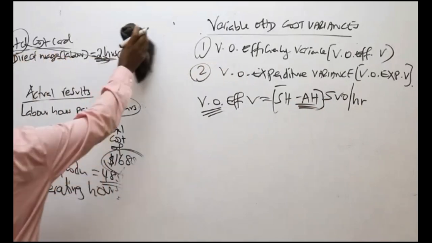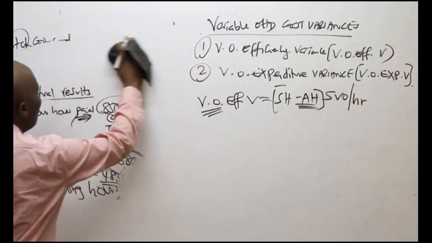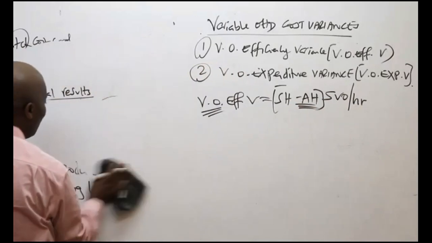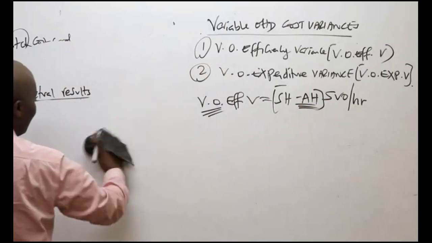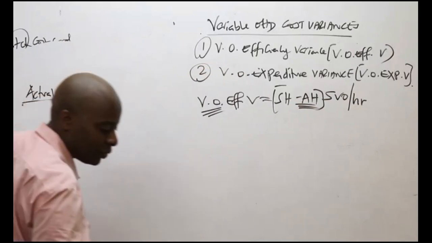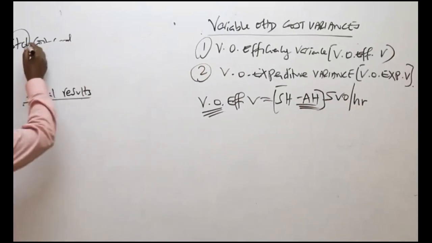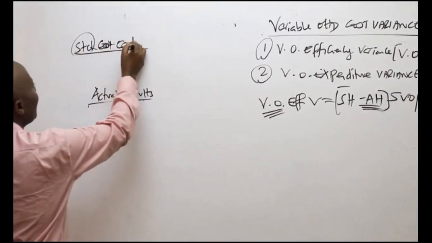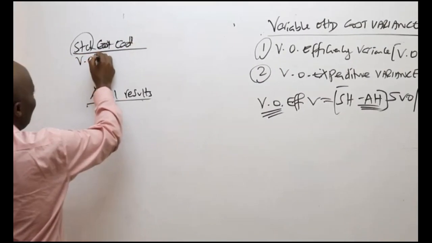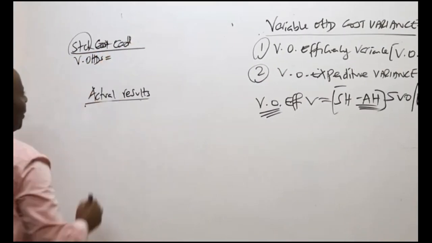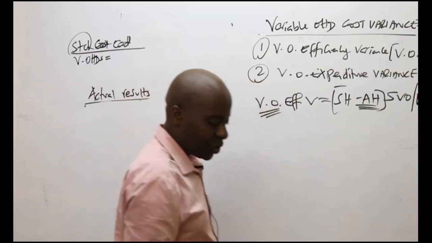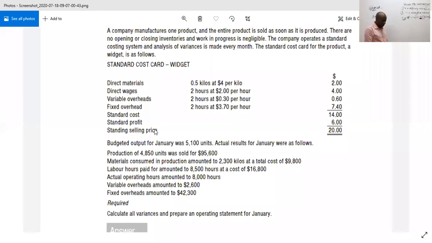So now we are looking at variable overheads one at a time. So we have here variable overhead standard cost. Go to that particular place in the question where they are making reference to variable overheads.